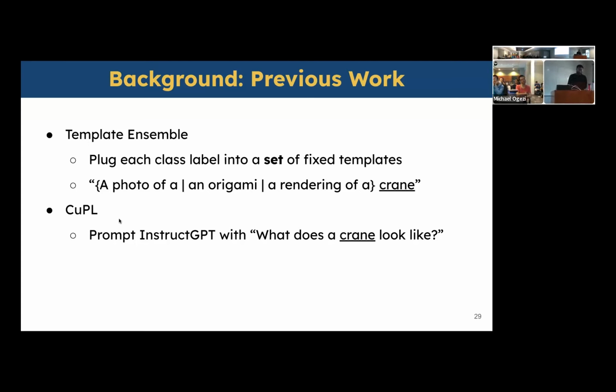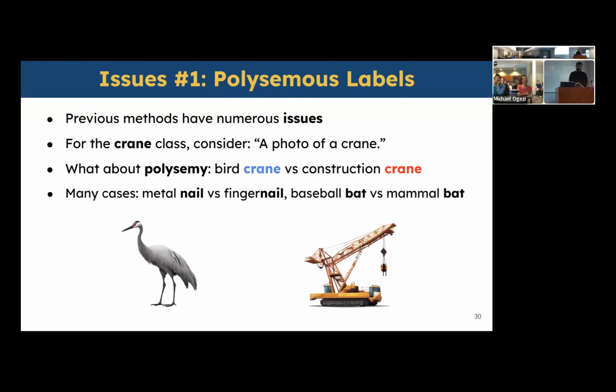There is a more recent method called CuPL, which is customized prompting for language models. Here they instruct GPT with a phrase or a question: what does a crane look like? And previous methods have serious issues.